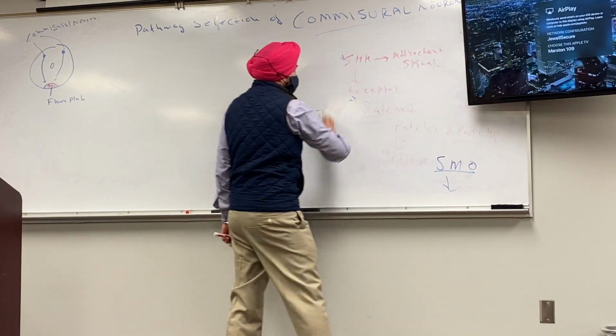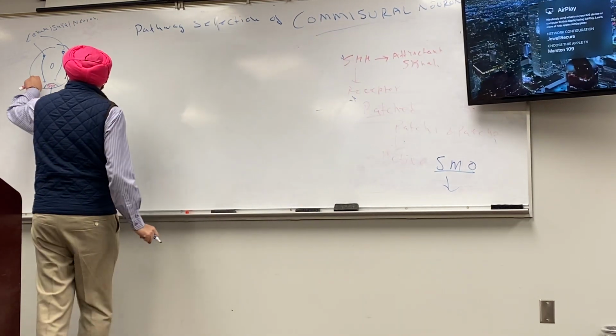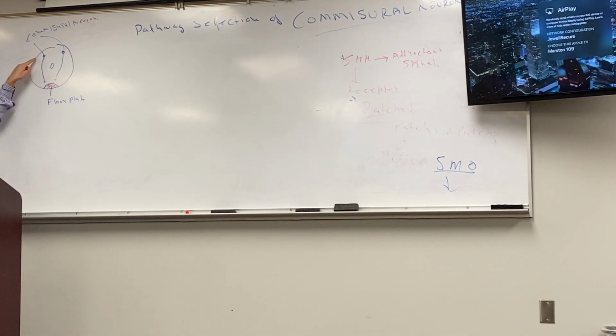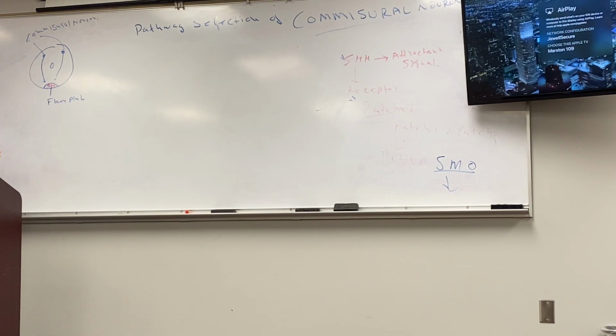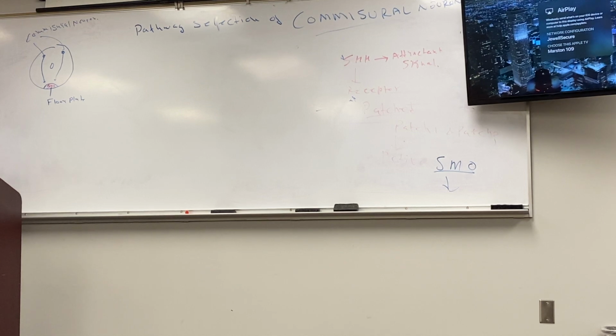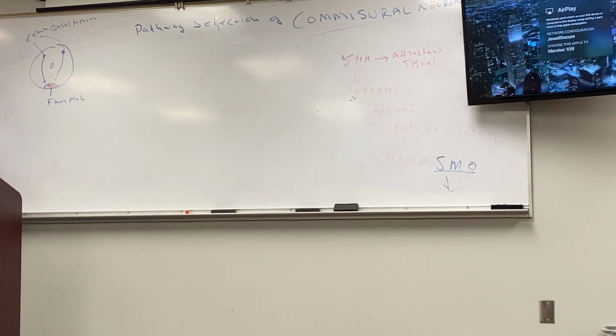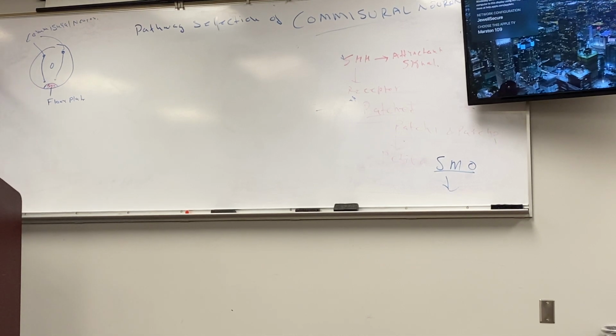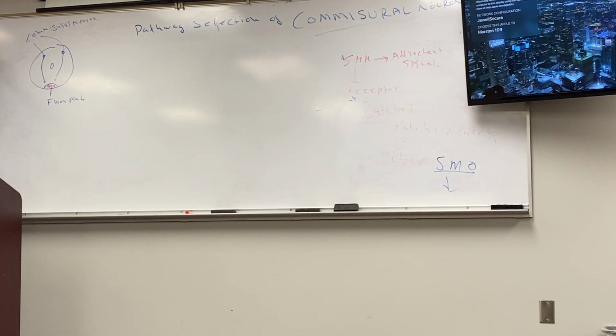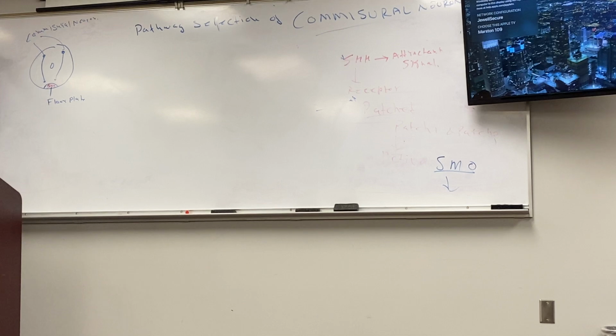So now we are saying sonic hedgehog is there. Patch 1 and patch 2 activate SMO. What is SMO? SMO is the downstream signaling molecule. So this is the patch receptor.